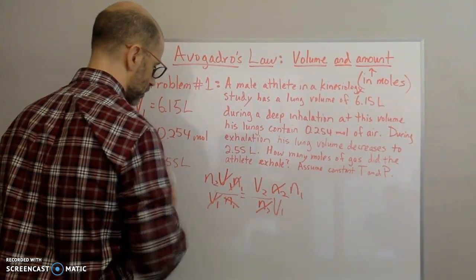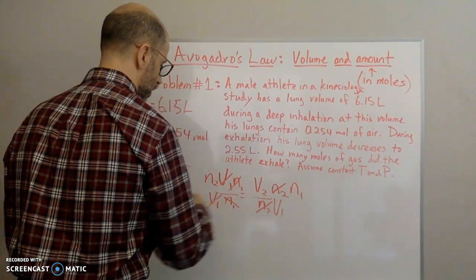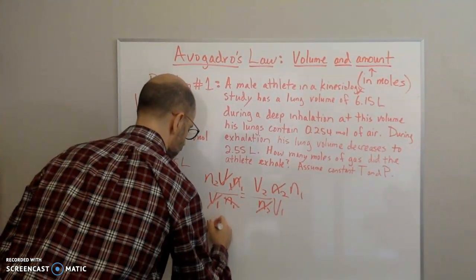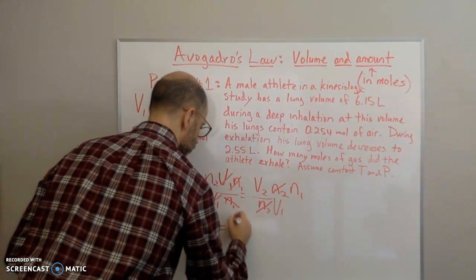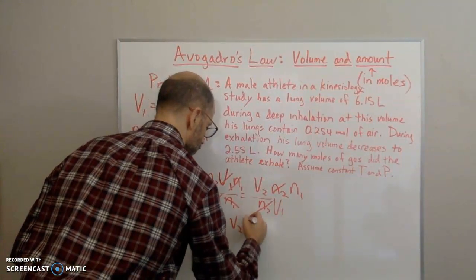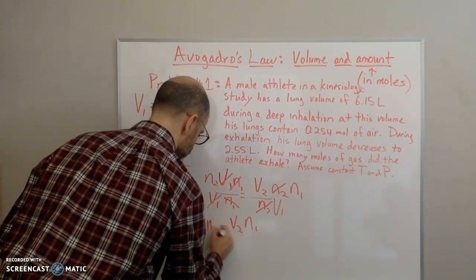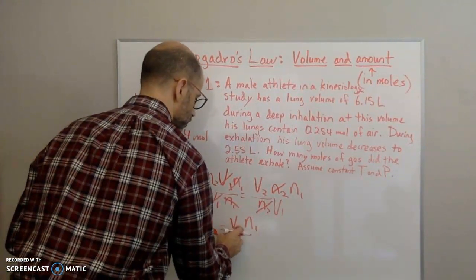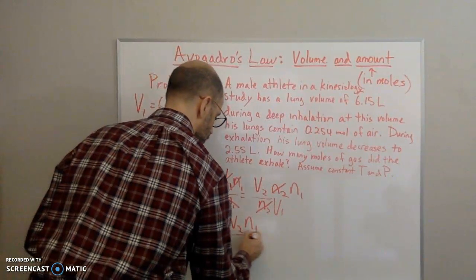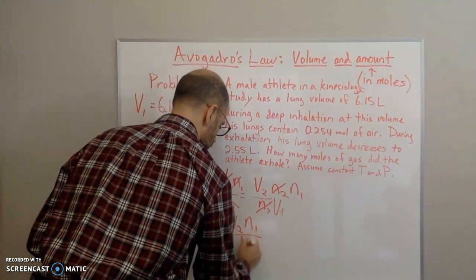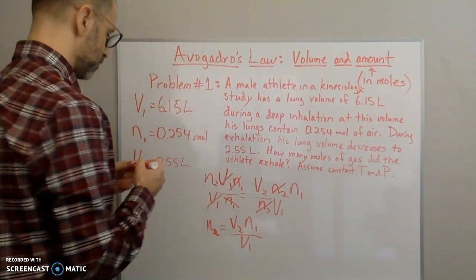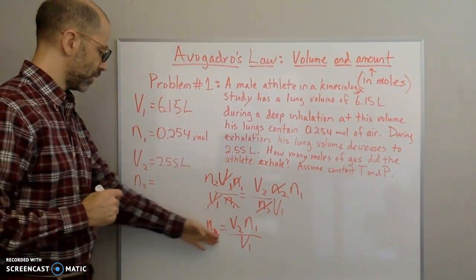And now I have N2 is equal to V2 times N1 over V1. So now I have my equation set up.